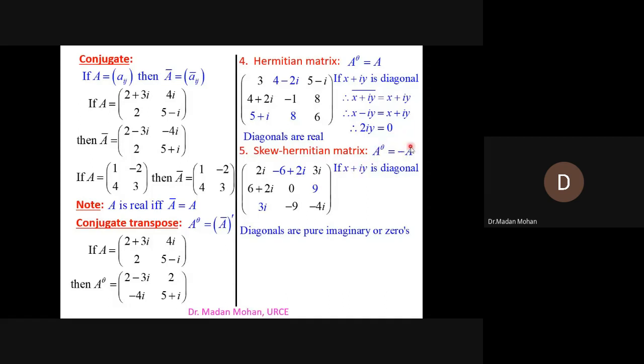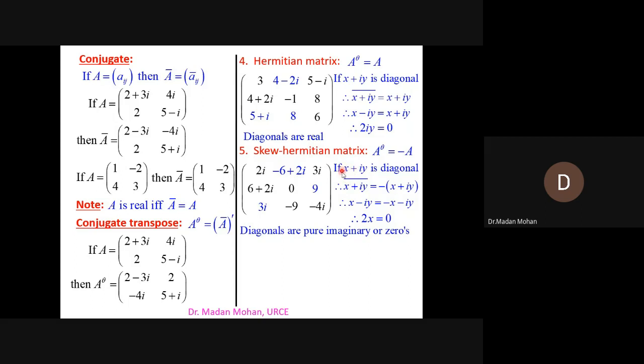Its conjugate should be minus of it. Therefore, the left side x plus iy bar is x minus iy, the right side is minus x minus iy. Now cancel minus iy on both sides. Therefore, 2x equals 0, which implies x is 0.